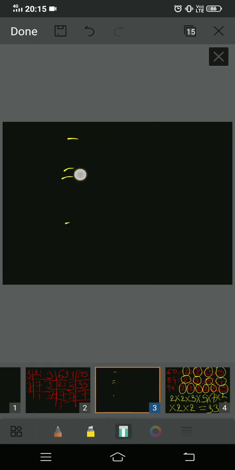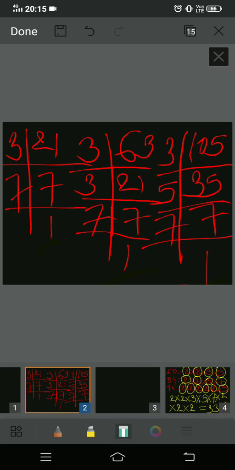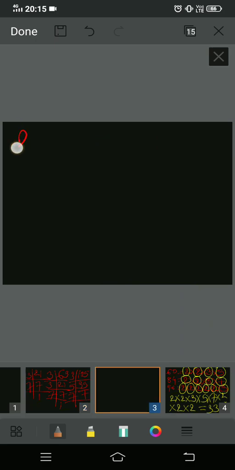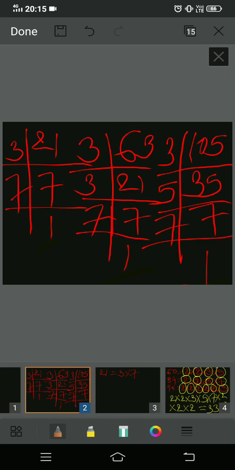What is the next step here? Okay, so on the side of 21, which numbers are there? 3 and 7. So we will write here 21 is equals to 3 into 7. Okay, next 63.